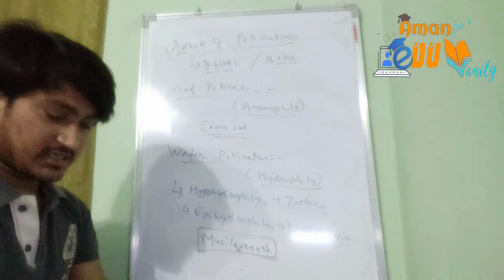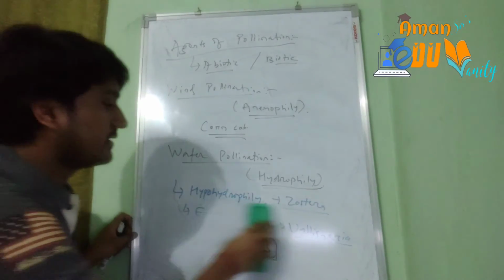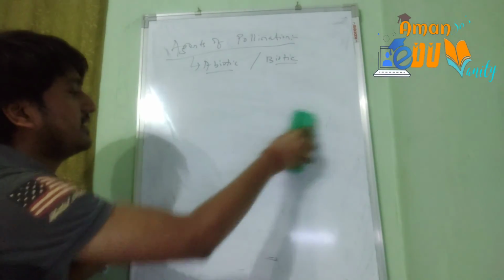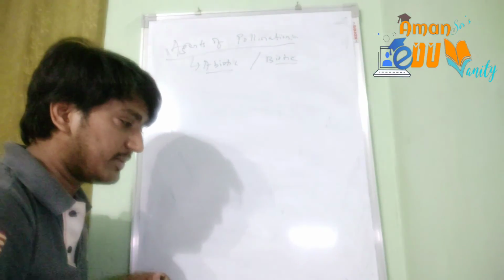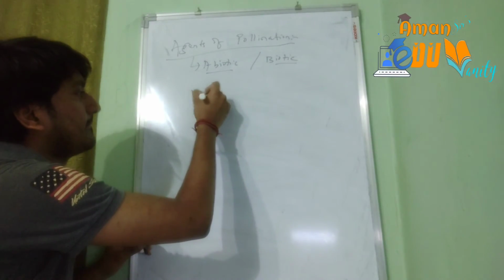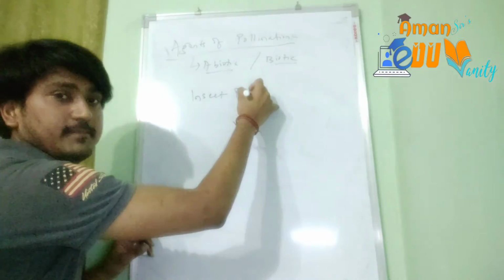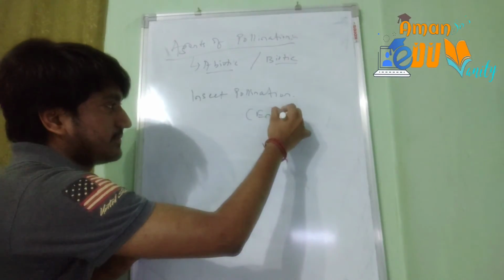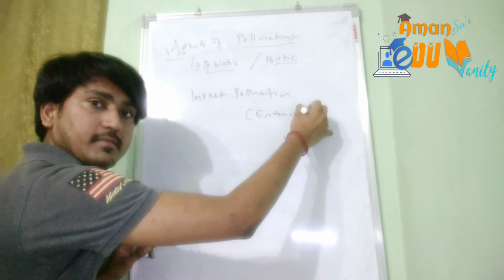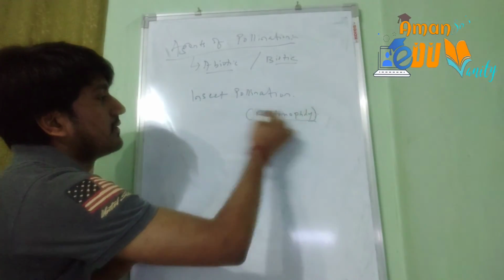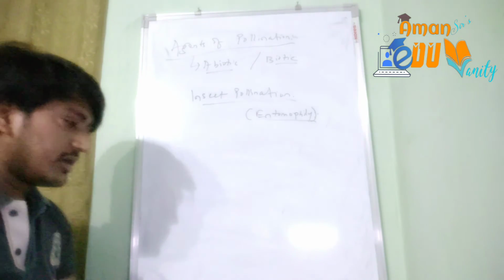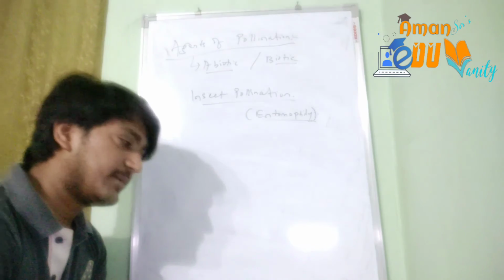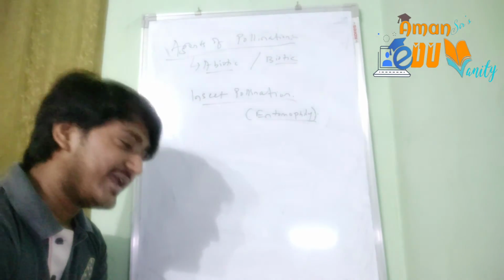Okay. Next we will move to the biotic agents, and the first among the biotic agents is insect pollination, also termed entomophily. Entomophily is a mode of cross pollination which occurs via the agency of insects.